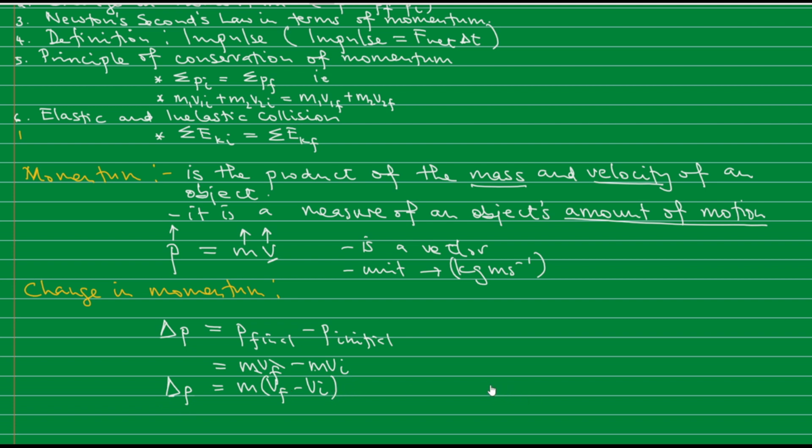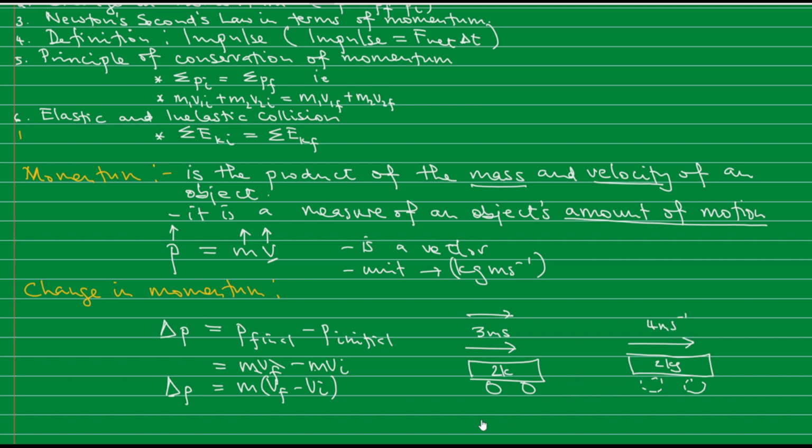For example, when we have a trolley of mass 2 kg and velocity, let's say 3 meters per second, traveling to the east, and the same trolley now increases its velocity, same mass 2 kg, but it is now moving at a velocity of 4 meters per second.